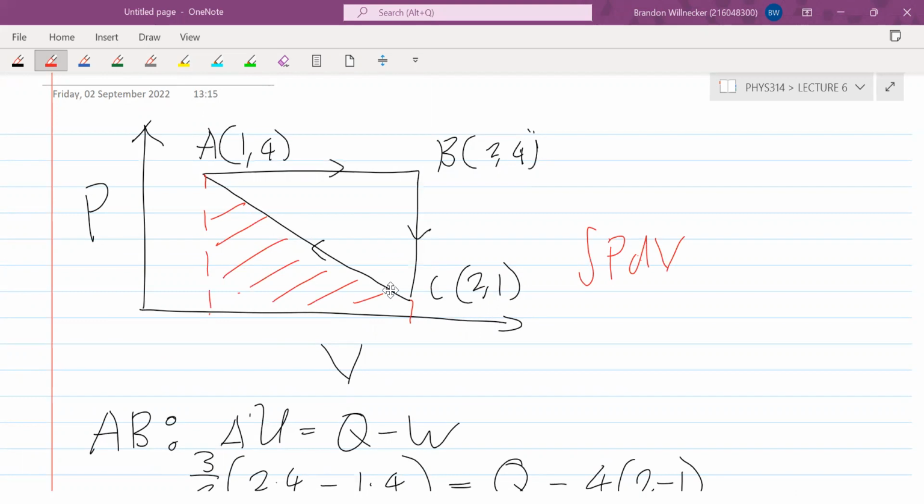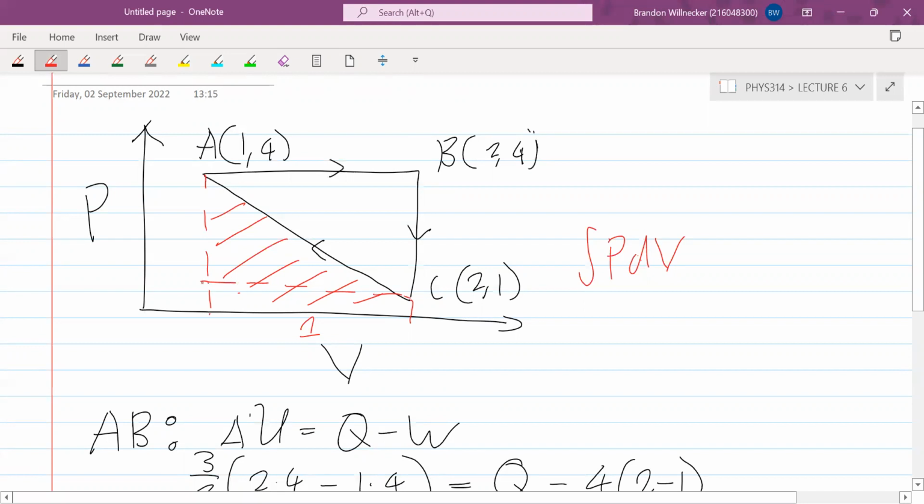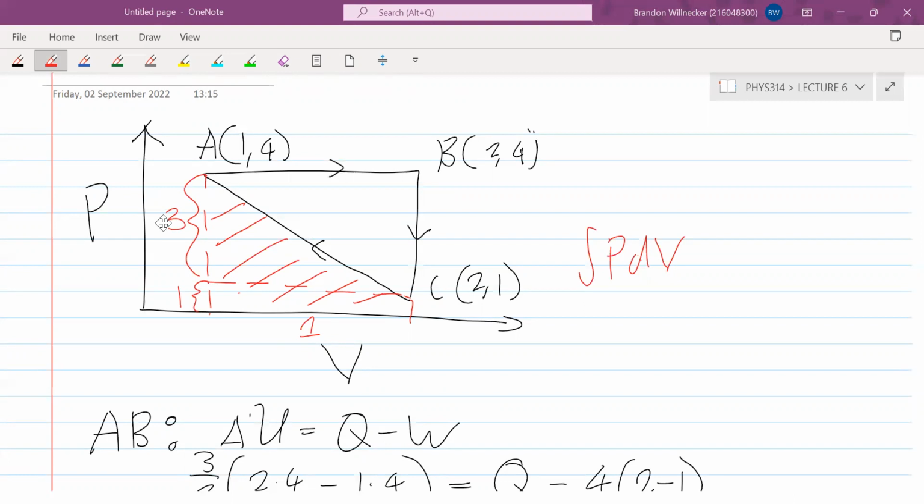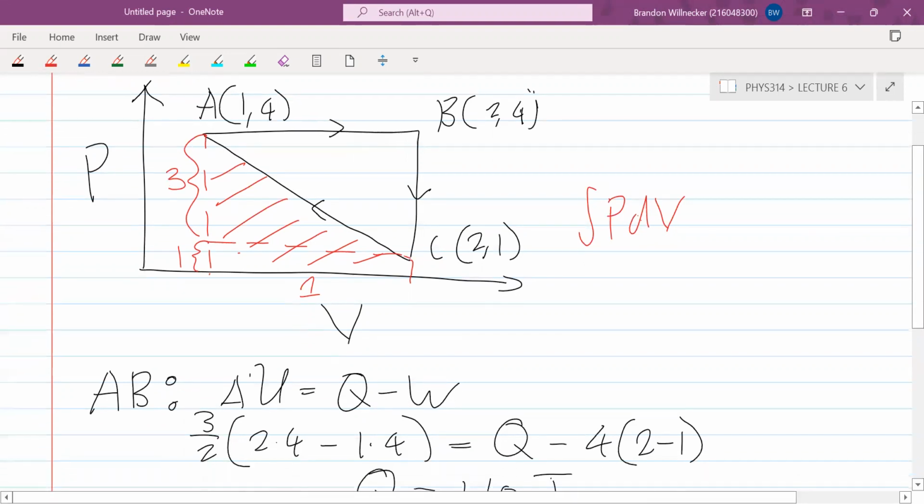We can work that out because we know the base is 1 unit: the far right end is 2 and the left end is 1, so this is 1. The bottom little rectangle bit has a height of 1, and for the top triangle, the height is 4 minus 1, which is 3. So the area is half base times height for the triangle part, that's 3/2, and for the rectangle part underneath, that's 1 times 1.